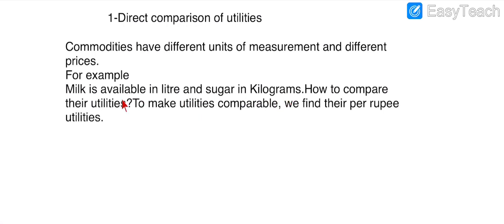How do we compare two commodities which are available in different units, that is, liters and kilograms? How can we measure these two commodities' utilities so they are comparable? We find their per rupee utilities.